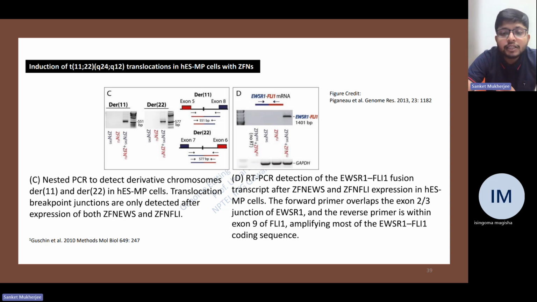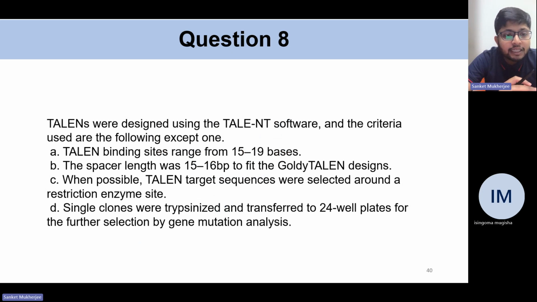Then RT-PCR detection of EWSR1-FLI1 fusion transcripts after the zinc finger nuclease expression in HES-MP cells. The forward primer overlaps the exon 2 and 3 junction, and the reverse primer is at exon 9 of FLI1, amplifying most of both of the genes basically. That's what happens.